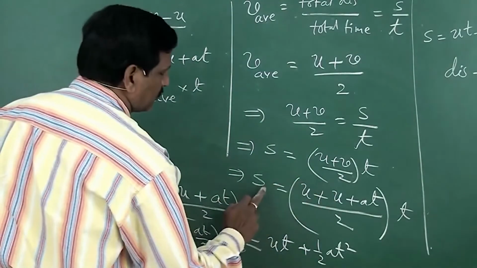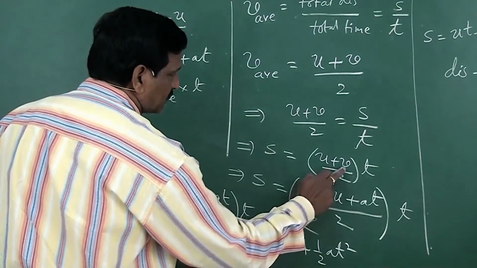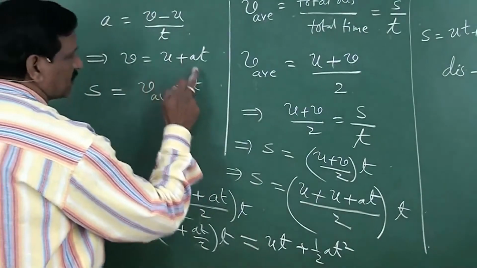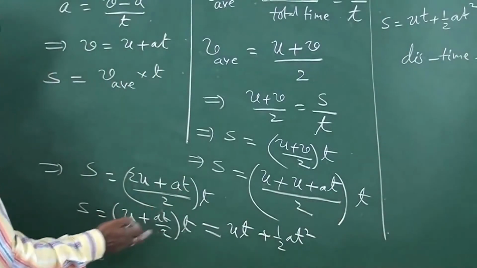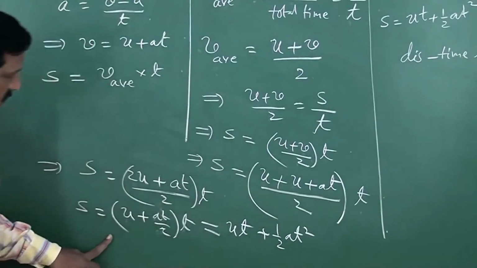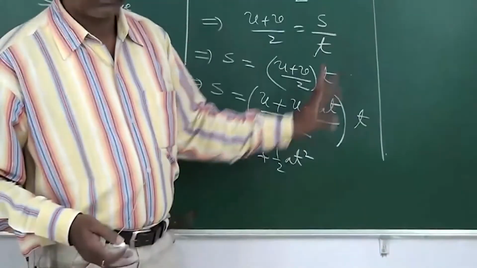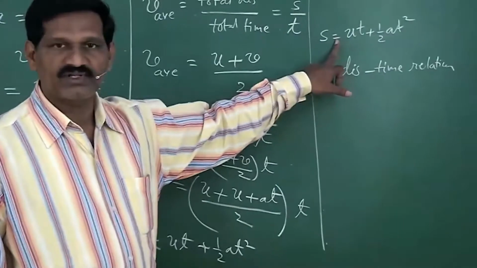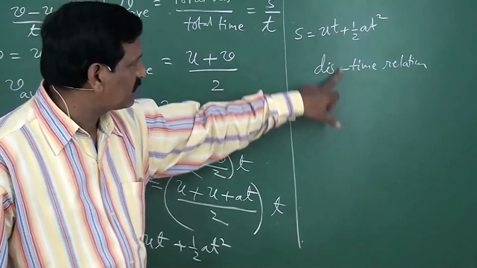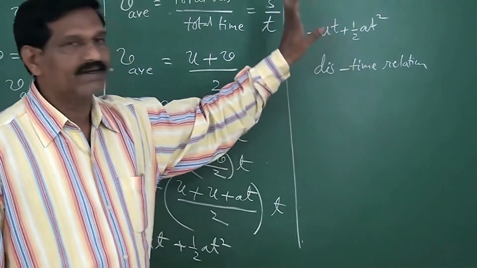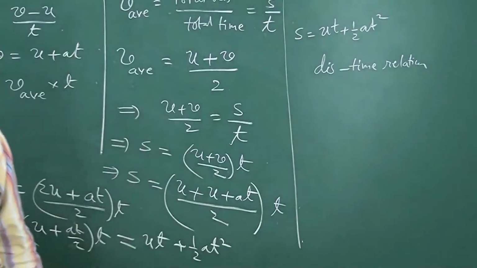So instead of v you write u plus at by 2 into t. On calculation you get s is equal to ut plus half at square. This is the displacement time relation, the second kinematic relation.